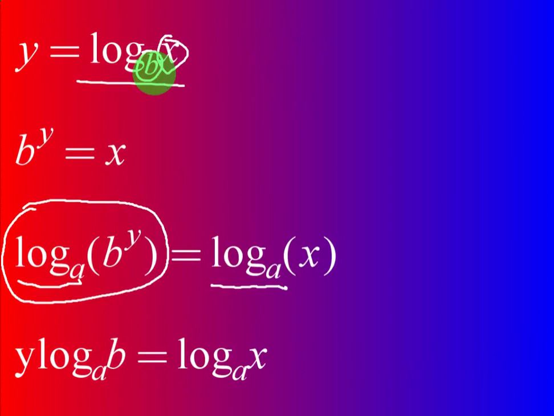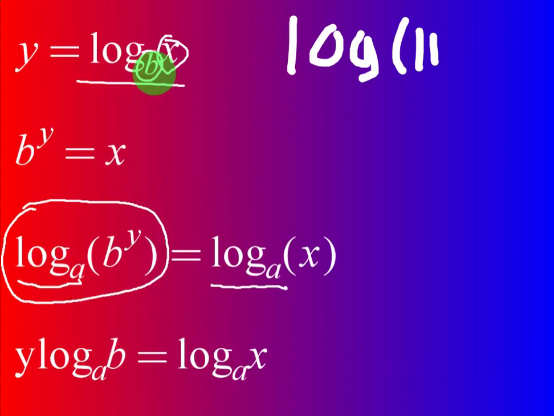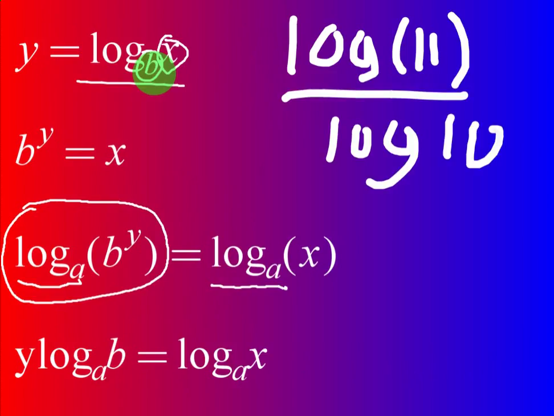Basically, you're just going to do log of the number inside the log divided by log of the base. So for example, for log base 10 of 11, you would plug into your calculator log of 11 divided by log of 10. It's just whatever's inside your log divided by log of whatever the original base was. So let's do some examples to make more sense of it.